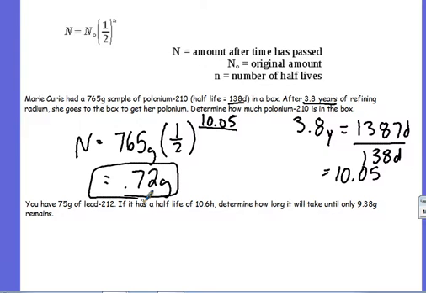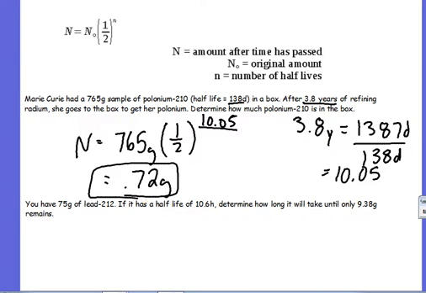Now, this next question is where it might require a more advanced understanding of logarithms. However, we can answer these types of questions with just a simple understanding of what a half-life is. I have 75 grams, and I want to find out how many half-lives have occurred when 9.38 grams is remaining.